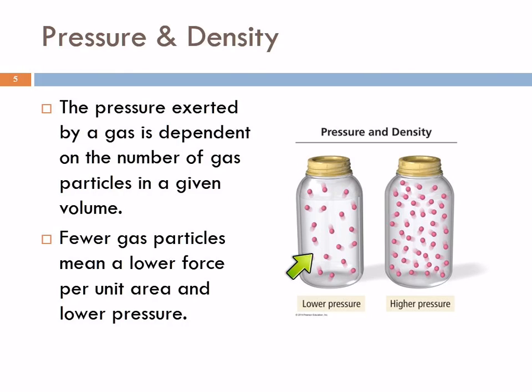This is also related to density. Density is mass per unit volume. These gas particles have mass. They're occupying the same volume, but there's more particles here. So there must be more mass here. And so this container is going to have a higher density than this container.